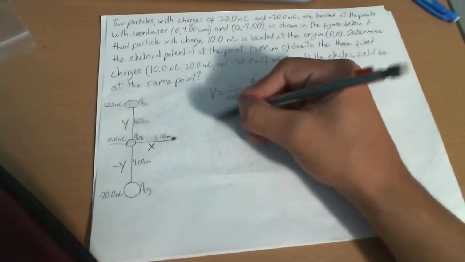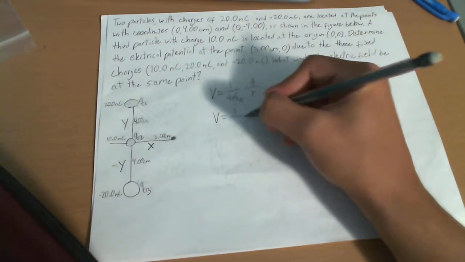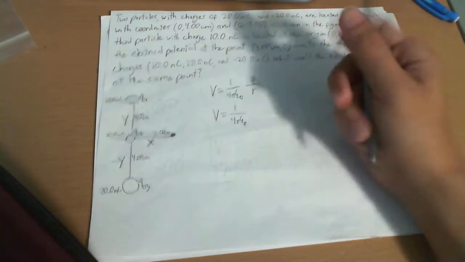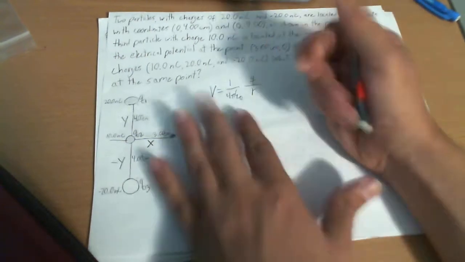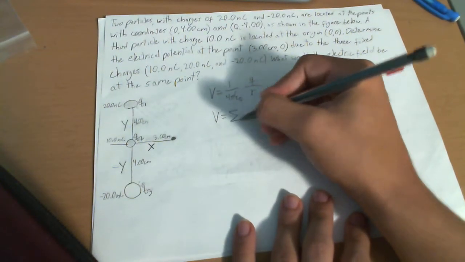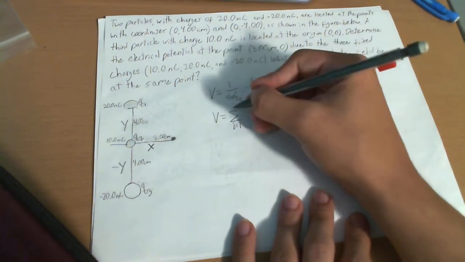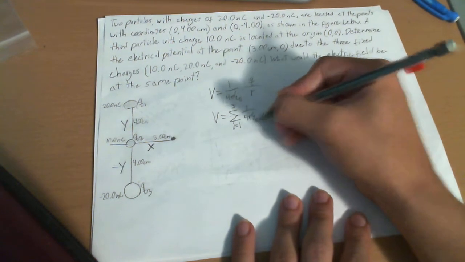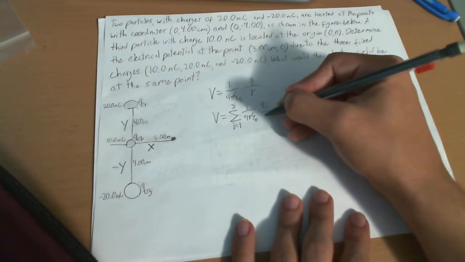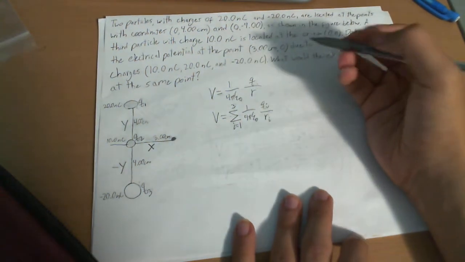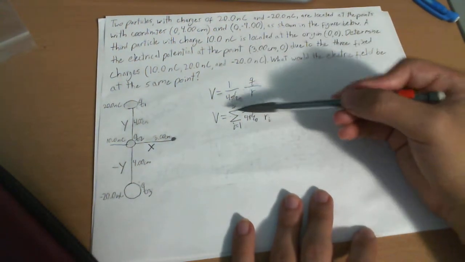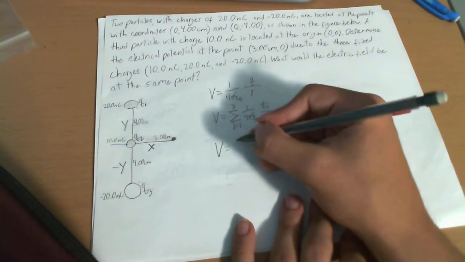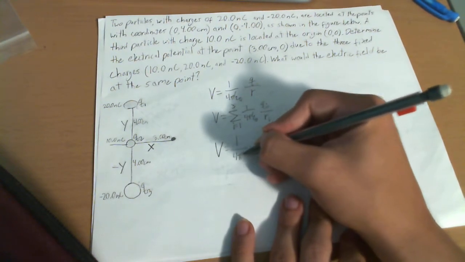And so the total electric potential will be the sum from i equals 1 to 3 of 1 over 4 pi epsilon naught Q sub i over R sub i. And so it's going to be the sum of each of the contributions. Let's rewrite that. Let's put the constants outside of the sum.